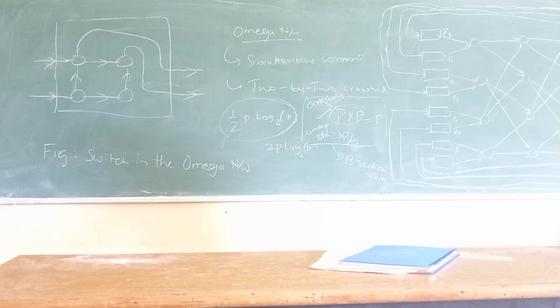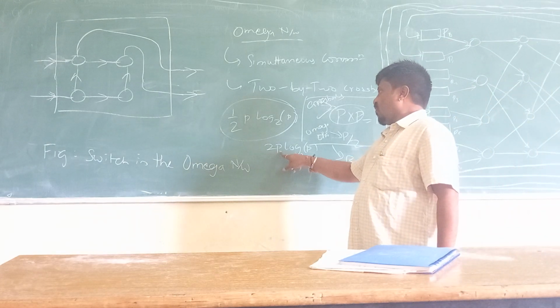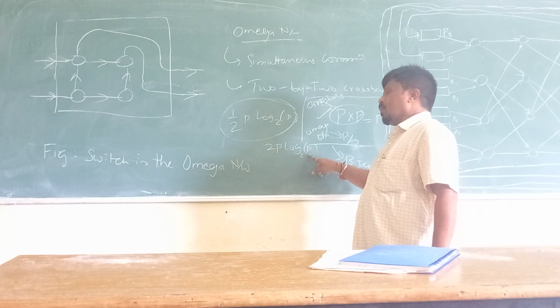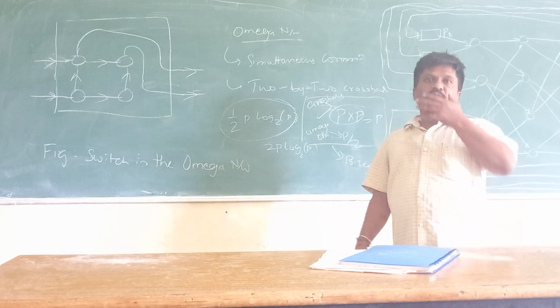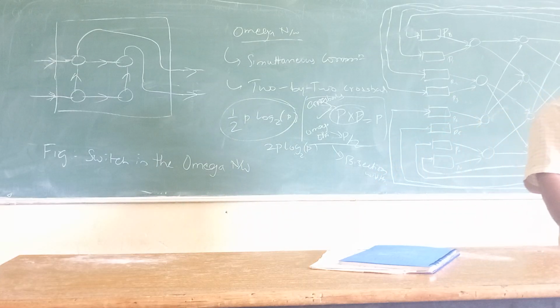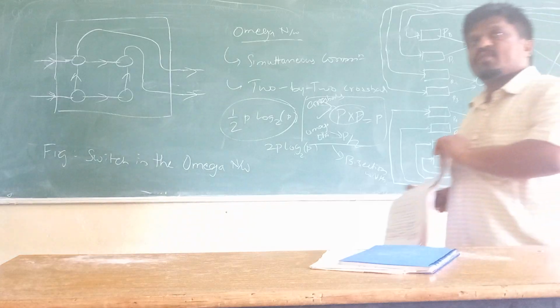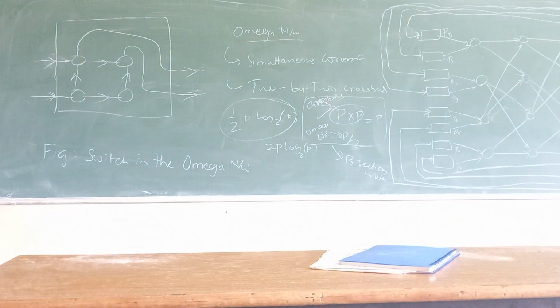So it uses a total of 2p logarithm base 2 of p number of switches, while the crossbar uses p square.